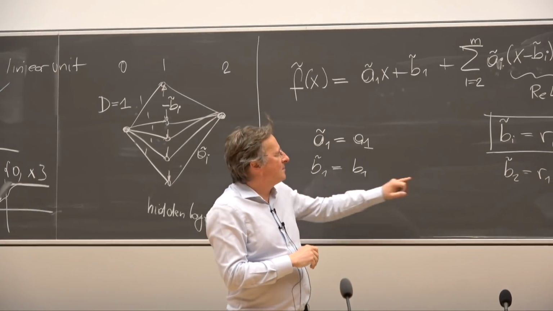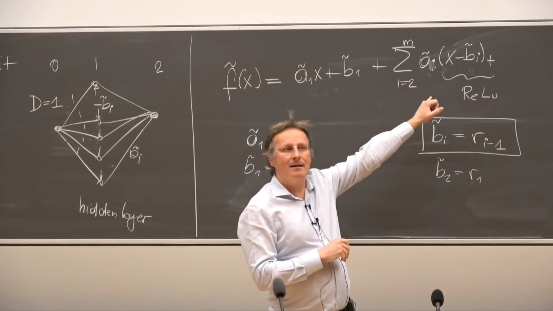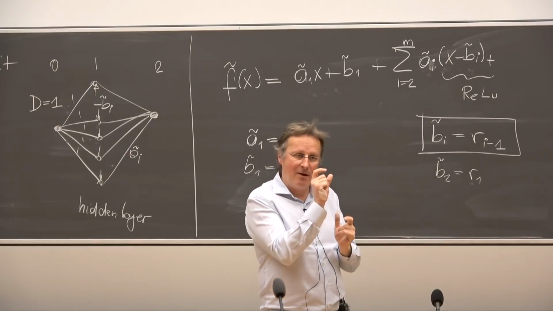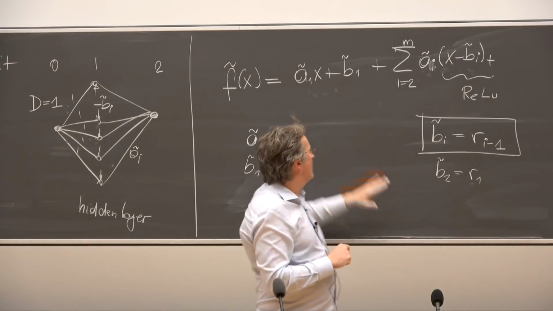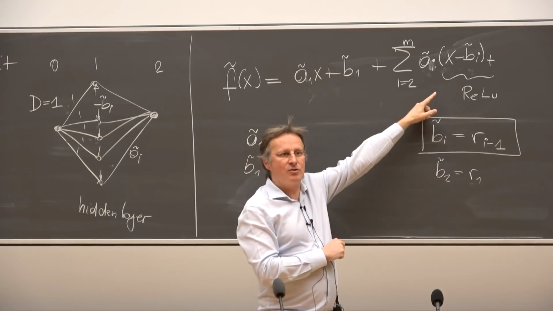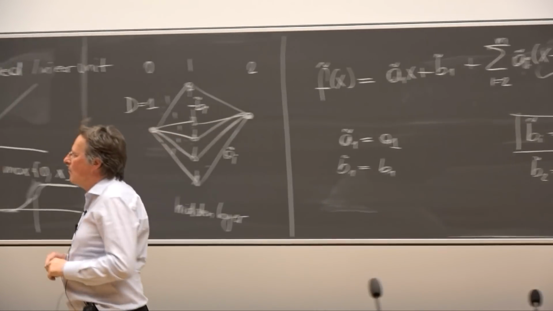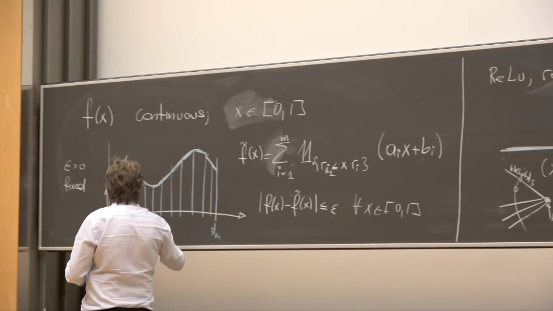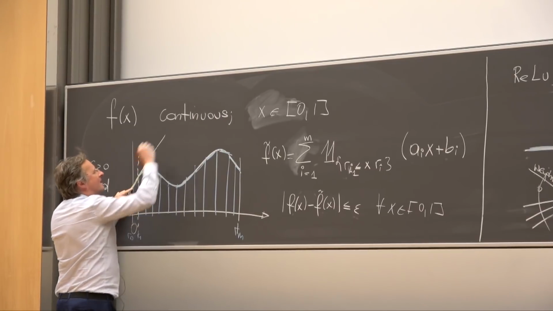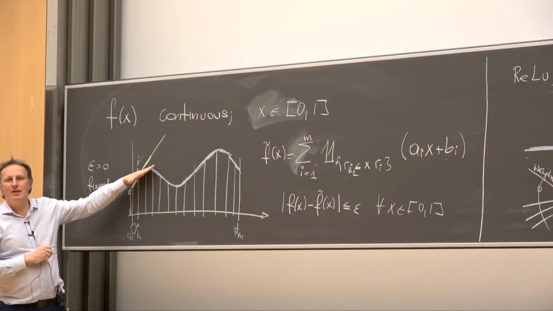Since we set B2 tilde to be R1, it means as soon as x is bigger than R1, so it's now in the second interval, we still have this, it doesn't go away, but we have in addition this first term here. So now what we want is the following. We still have this representation here, this doesn't go away, but what we actually want is this representation here. We want a different slope. So how can we get this different slope?